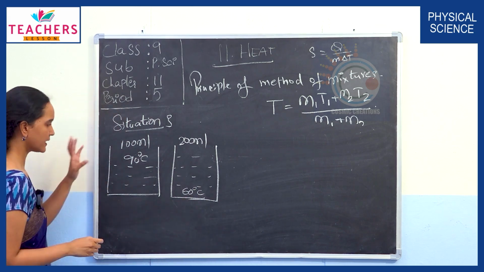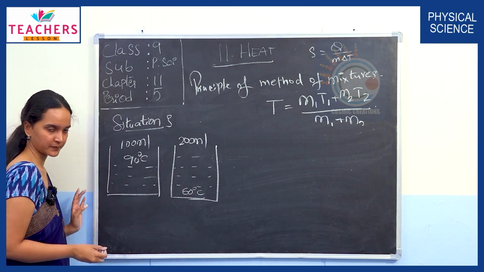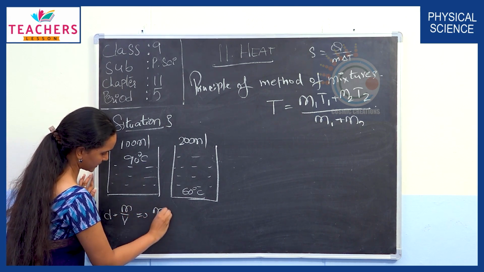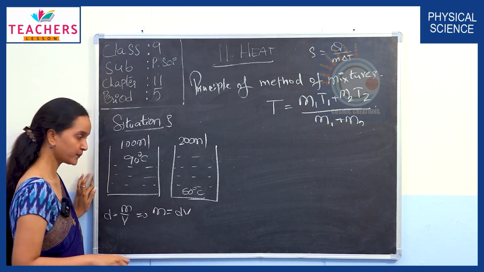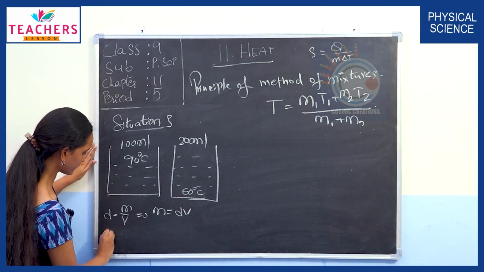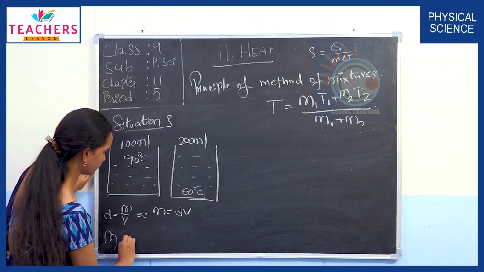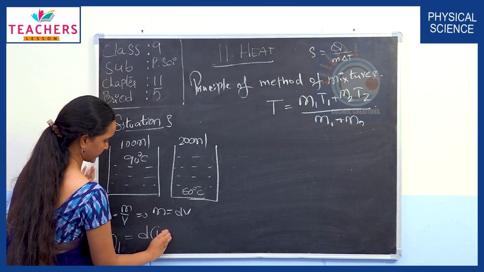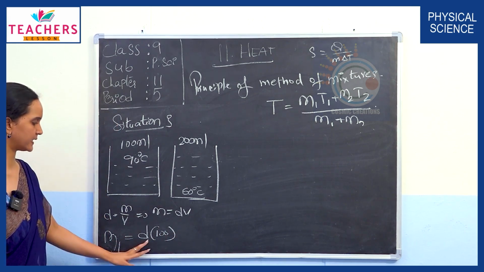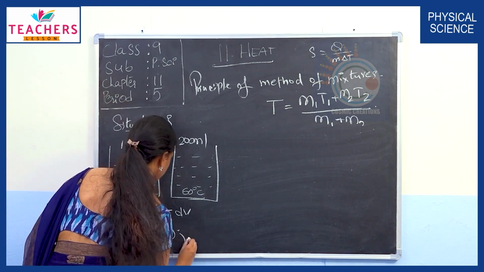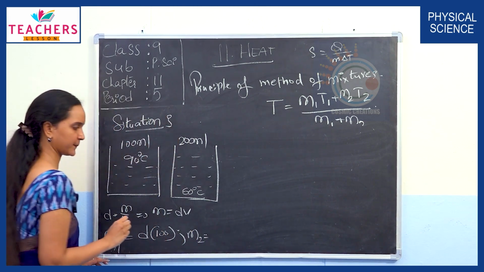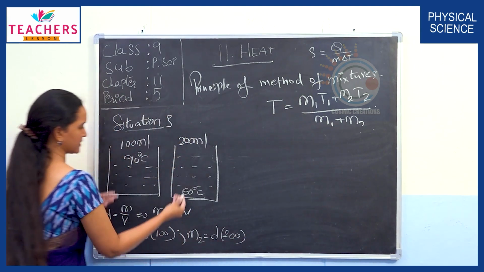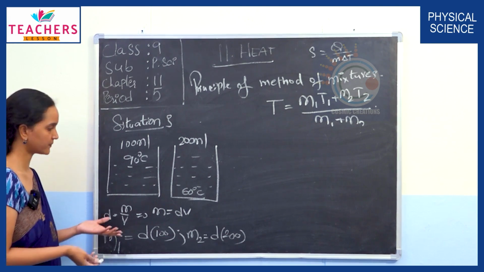Now here the volumes are different. Density equals M by V, so M equals density into volume. M1 of this beaker equals D into V1, which is D into 100. M2 is D into 200. D is the same because the substance is the same.